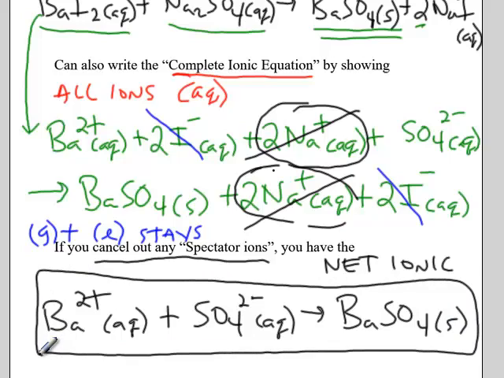This is useful because it shows us where the actual chemical change is occurring. The fact that the sodium was floating around in the complete ionic equation, we cancel that out because it's a spectator, and we don't need to focus on the sodium if we're just interested in what the net change is.